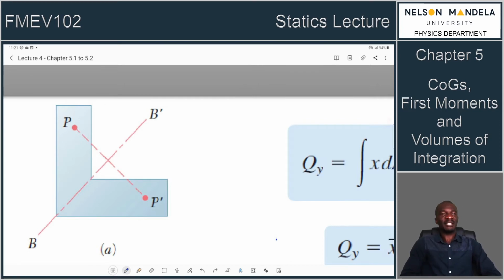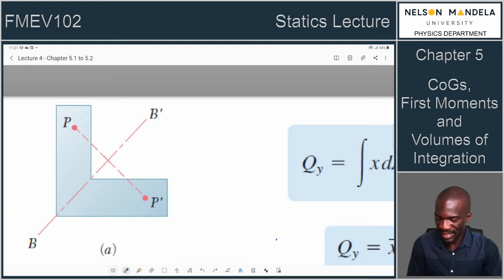It's a line of symmetry. In other words, if we would fold this object about the line BB prime, we would not be able to tell which side we are looking at if we were to hold the object, let's say from afar, right? If you fold it neatly about that line BB prime, it's symmetric. The side on P will look the same as the side on P prime.